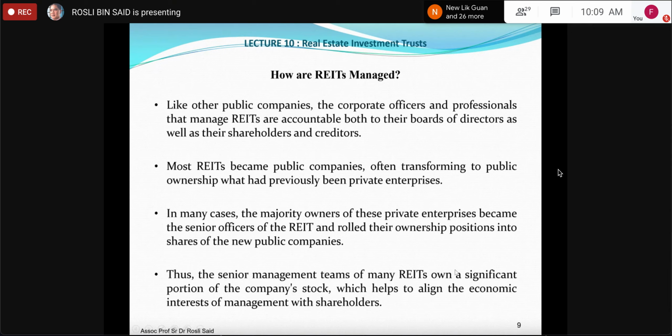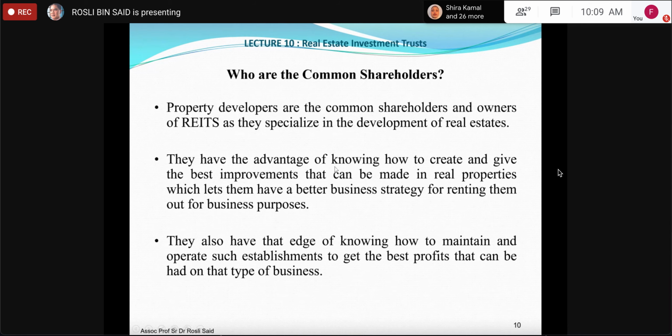The senior management teams of many REITs own a significant portion. That's the beauty of becoming part of the management team, because we can purchase certain portions of shares in that particular REIT company.